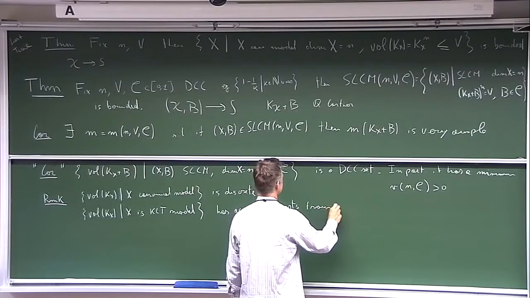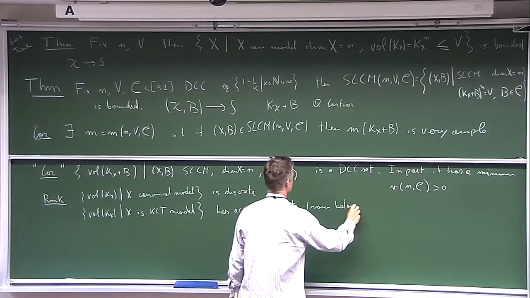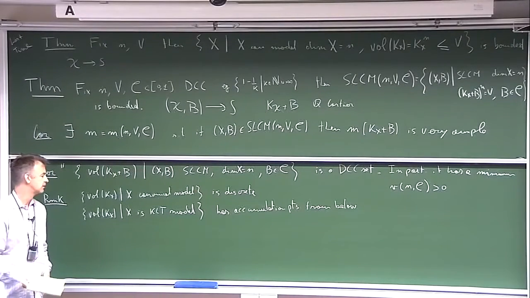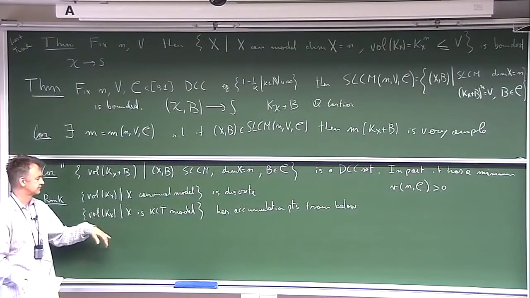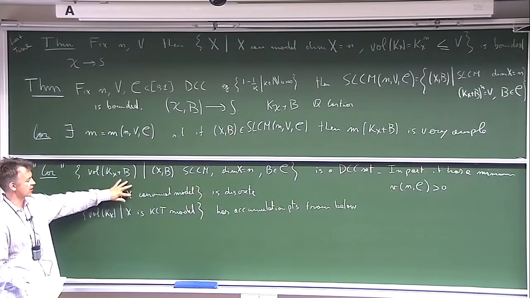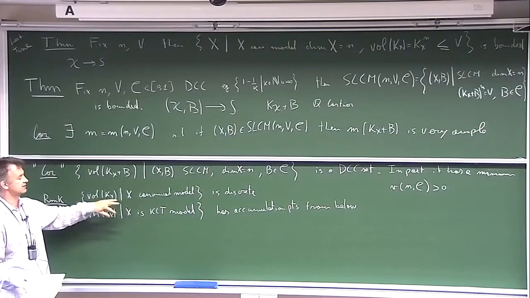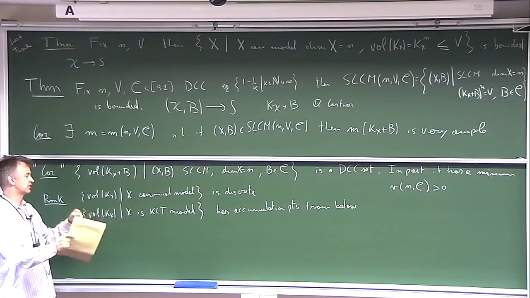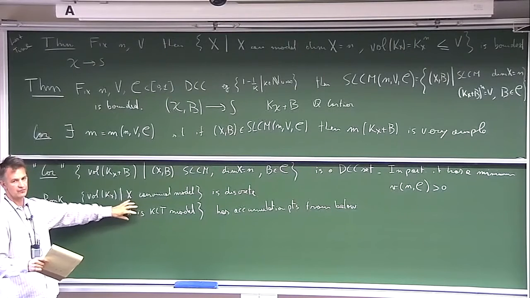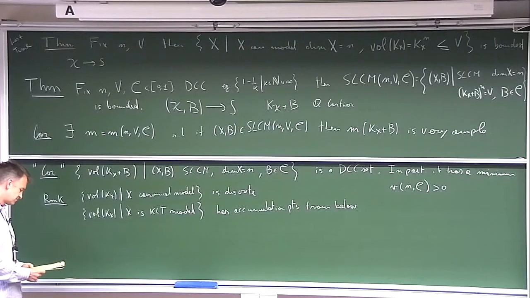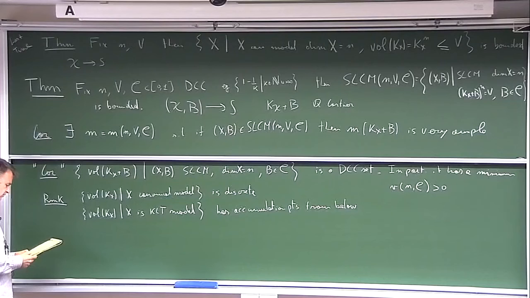It's still a DCC set, of course, but it actually has accumulation points. Of course, if you want to rephrase this in terms of canonical models, then you have to extract some divisors of discrepancy between -1 and 0, so of coefficient between 0 and 1, and you really get some coefficients that appear that belong to a DCC set. So maybe that's not too surprising, but there are indeed examples where you really do have these accumulation points.